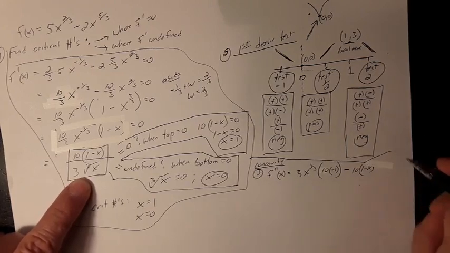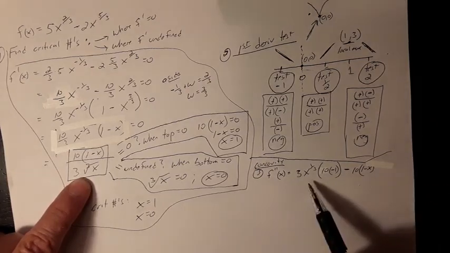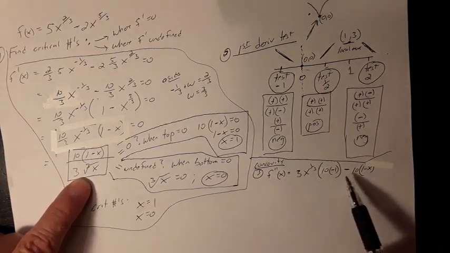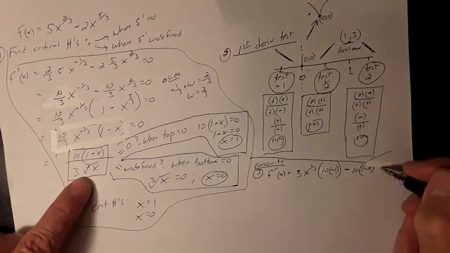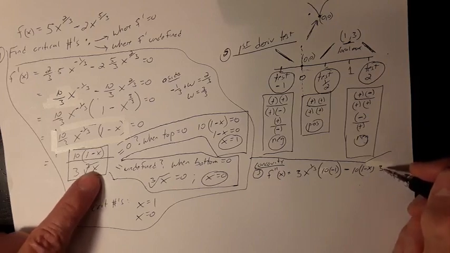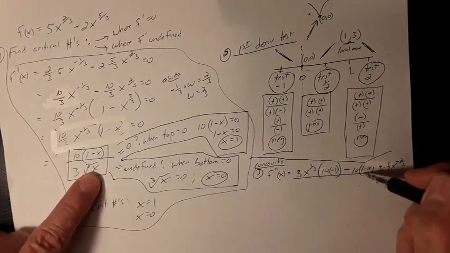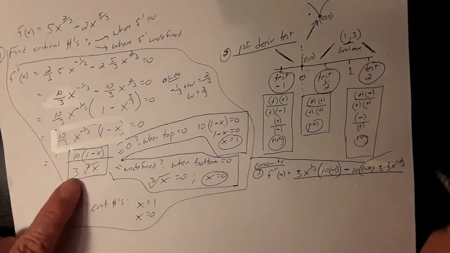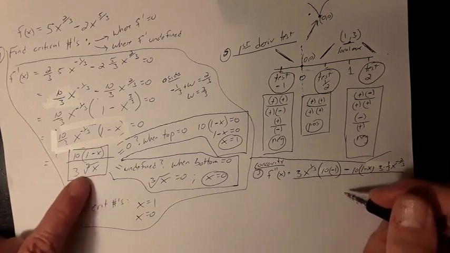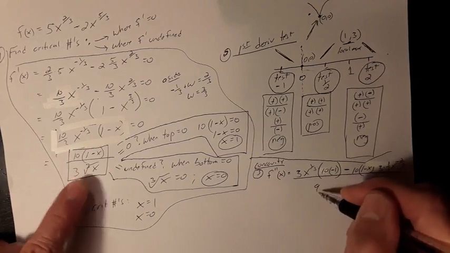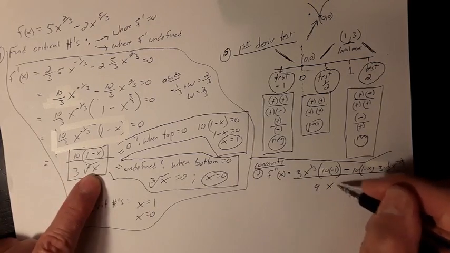Hold on a minute now. Did I go low, d high, minus high? Now I'm going d low. 3, and the derivative of x to the 1/3 is 1/3 x to the negative 2/3. We'll check that like I always double check everything in a moment, but don't forget to square the bottom. So when I square the bottom, I square the 3, which becomes a 9, and I square x to the 1/3, which becomes x to the 2/3.